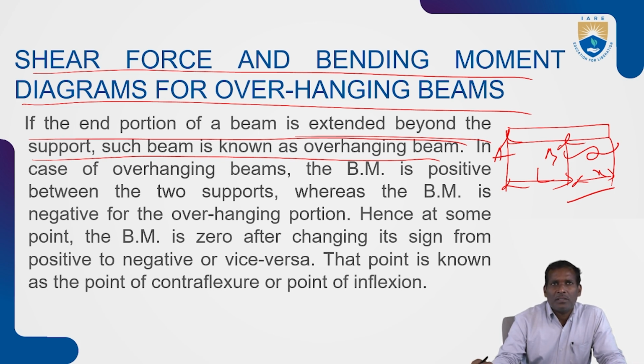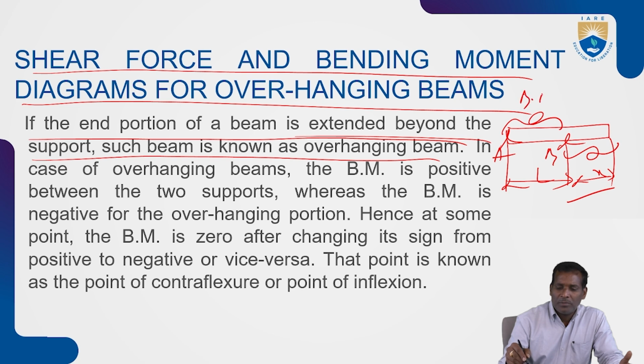In the case of overhanging beams, the bending moment is positive between the two supports, whereas the bending moment is negative for the overhanging portion. In between these two supports, the bending moment is positive, whereas in the overhanging portion the bending moment is negative.